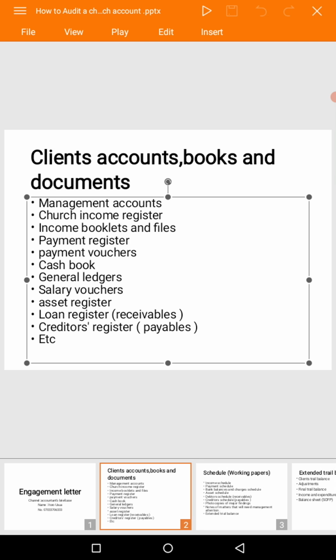Another thing we will expect to see is the church income register. It's just a register of all the income of the church. The question you should ask yourself is, what is the source of income of the church?